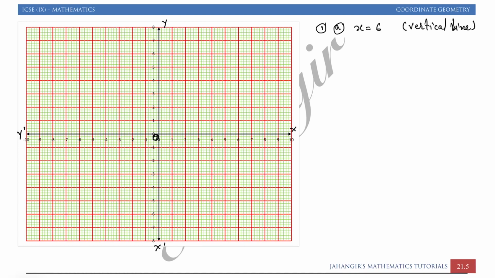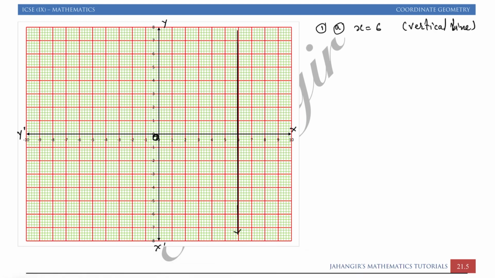So let us find x equal to 6. See, on the x-axis, 6 is over here. This is my 6. So I will draw a vertical line from 6. You can draw it as big as you want and then make arrows. Write the name of the line.